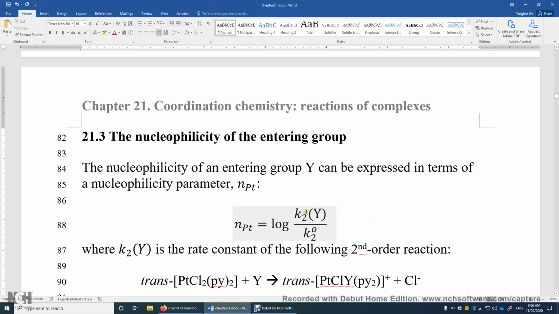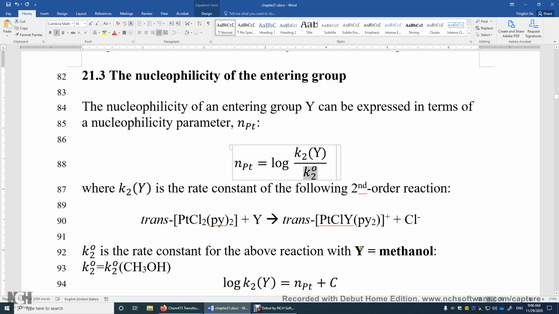On top, this is the reaction rate constant of the association between Y and the transition metal in a complex. Over here, similarly, it's the reaction rate constant between methanol and the same transition metal in the same complex. So we're looking at a ratio here.